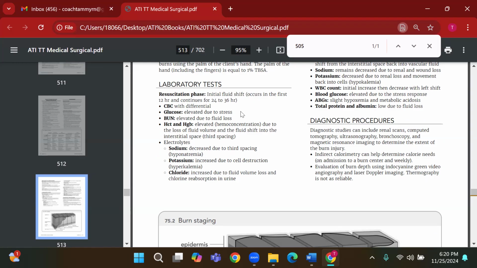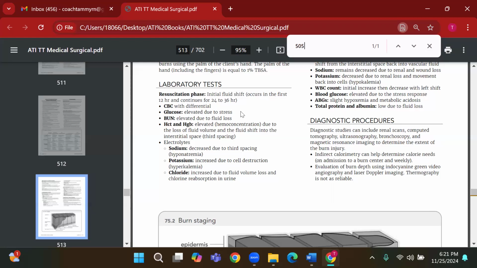So those might be important facts when you're looking at a burn, but I want you to see hematocrit and hemoglobin are elevated because they're thicker in the blood due to the loss of fluid volume and the fluid shift into the interstitial space. So what happens is the blood becomes thicker, it's lost fluid, so you'll see hematocrit and hemoglobin go up. So sugars will be up, BUN will be up, hematocrit and hemoglobin will be up.